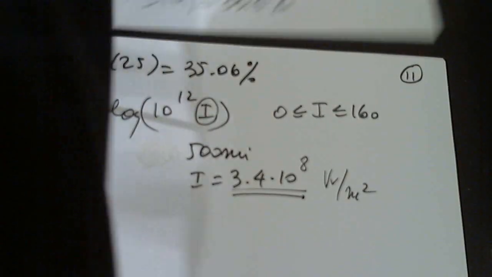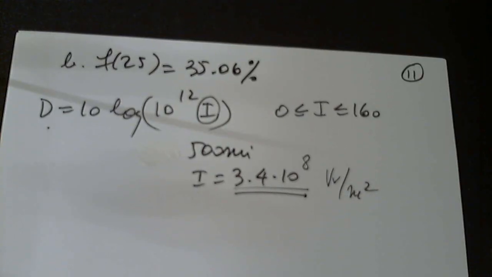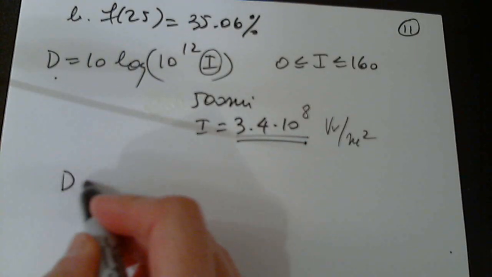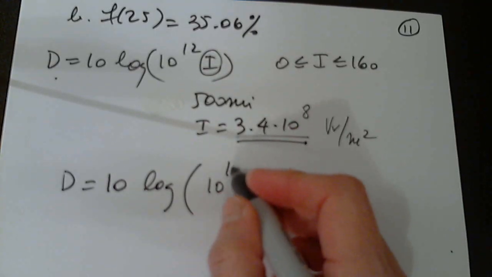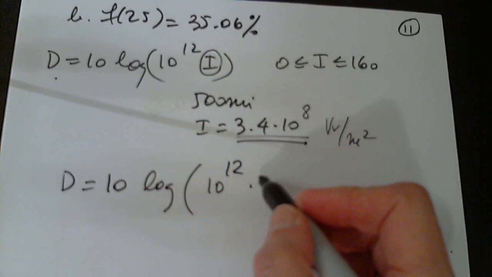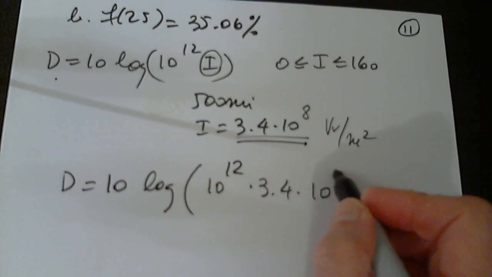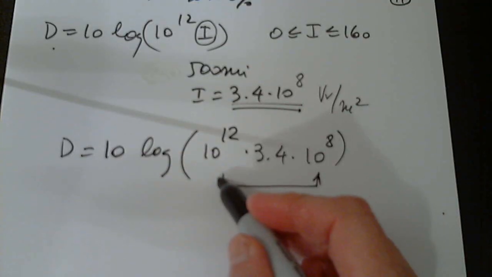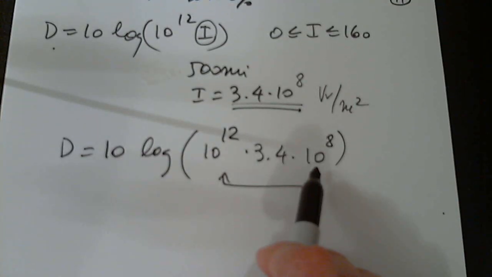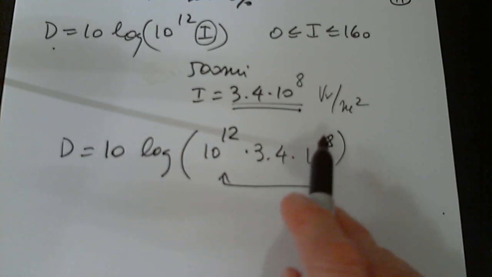So let me remove this page. Okay. So D equals 10 common log of 10 to the 12th power times 3.4 times 10 to the 8th. So copy the base and add the exponents. 12 plus 8 is 20.